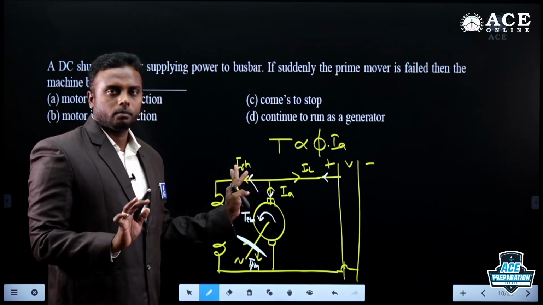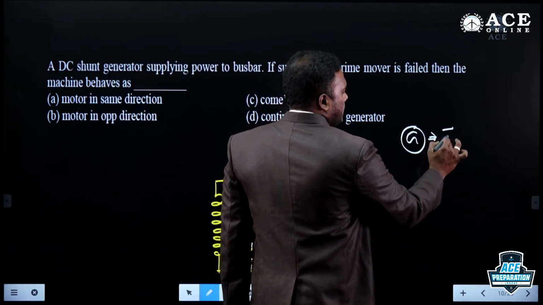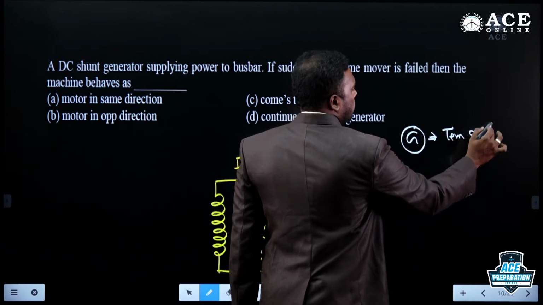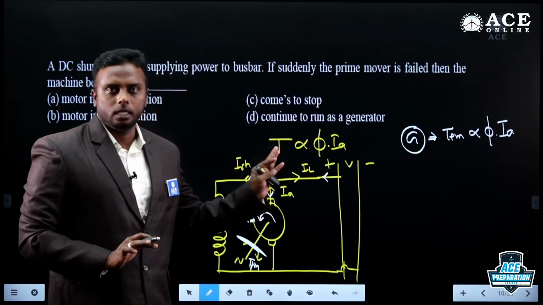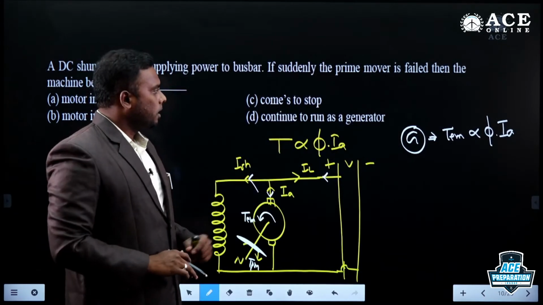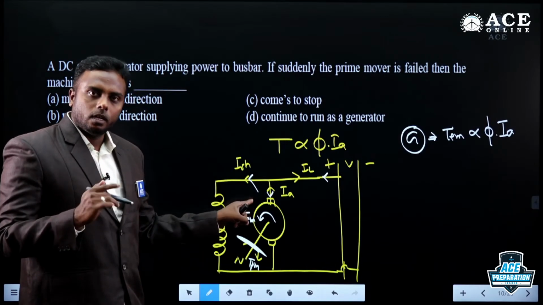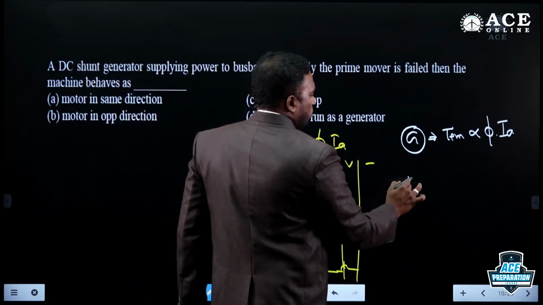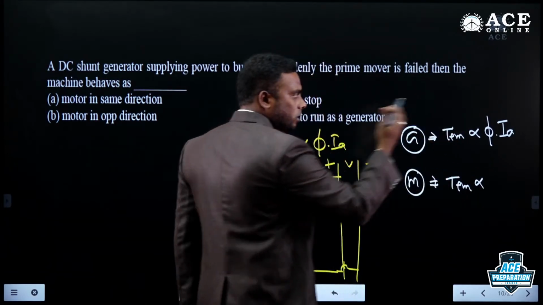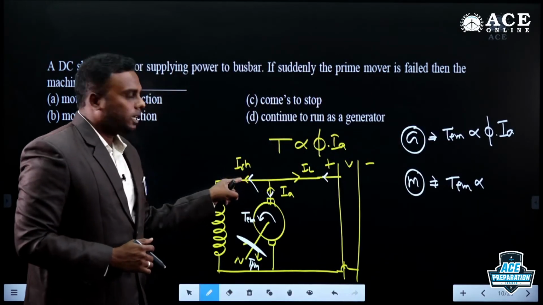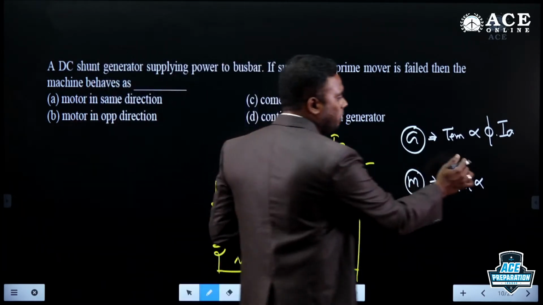Field current has no change. Previously in the generator there was an electromagnetic torque proportional to the product of flux and armature current. Whether generator or motor, same relation. In the generator the torque produced was anti-clockwise. Now in the motor case, the field current remains the same, so the flux will not reverse.